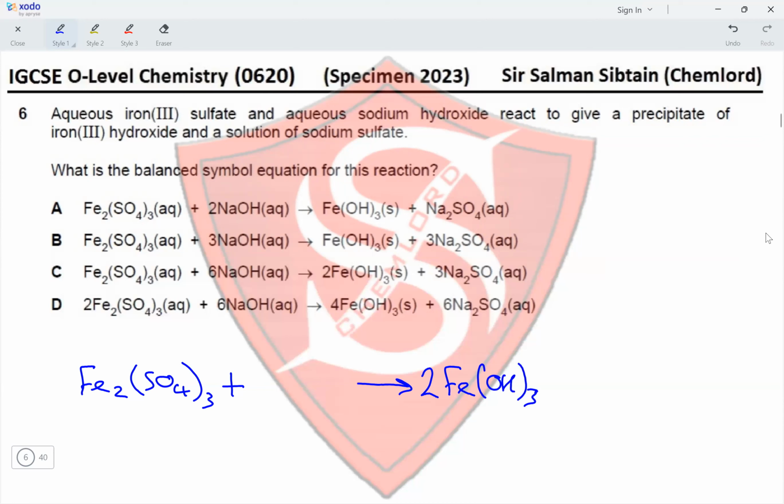And when this reacts with NaOH, there are 6 moles of NaOH required. And the other product that would be formed, there are 3 moles of sulfate ions and 6 moles of sodium ions. So there would be 3 moles of Na2SO4. So the equation that is matching to the one that we just made is given in option C, making C the correct option for this question.